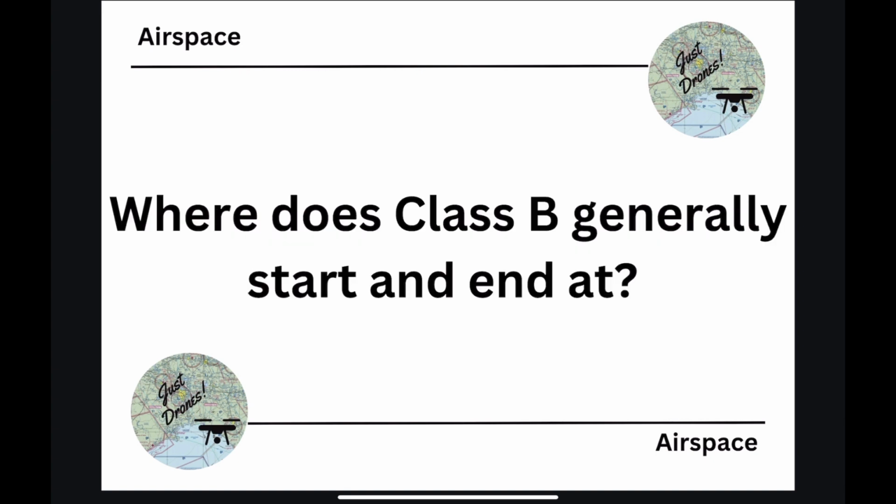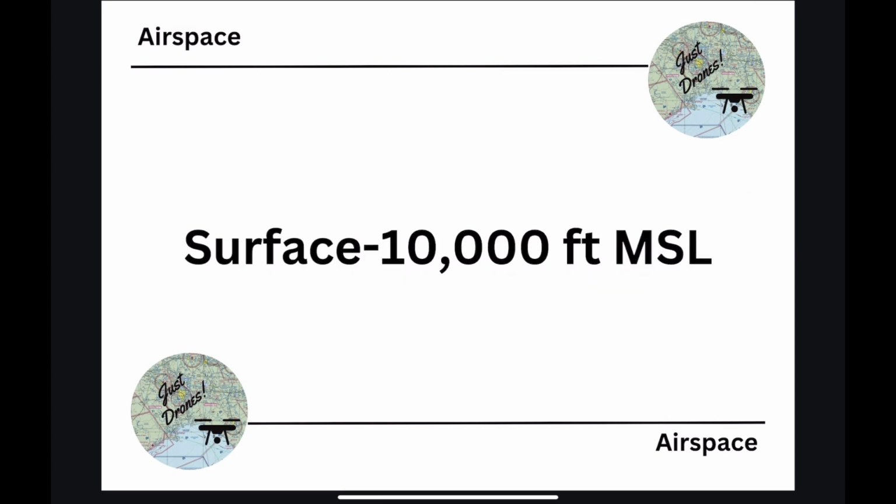All right, next question. Where does Class B, or Bravo, generally start and end at? Class B generally starts at the surface and goes up to 10,000 feet above sea level. Now, sometimes on a chart, you might see it ending a little bit below 10,000 feet MSL.